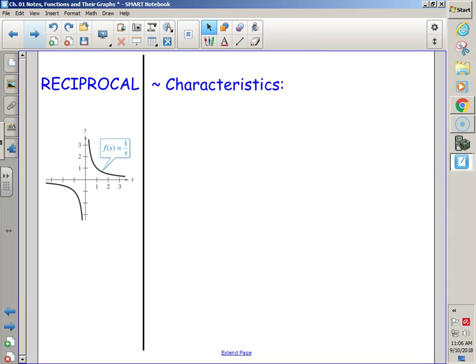Reciprocal function. Can you guys see them? It's f of x equals 1 over x, the basic reciprocal function. How many concavities? Good. What's this side? It doesn't have to have, remember? Does it look like a frown? Yeah, it looks like a frown. Okay, concave down. So what's this side?